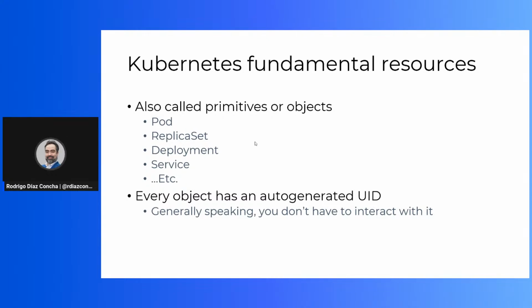So there are many fundamental resources and objects that we can deploy. Pod is the smallest one. However, we have dozens of different objects that we can create, such as replica set, deployments, services, namespaces, secrets, and config maps. Those are the different objects that we've seen in this particular series, okay?